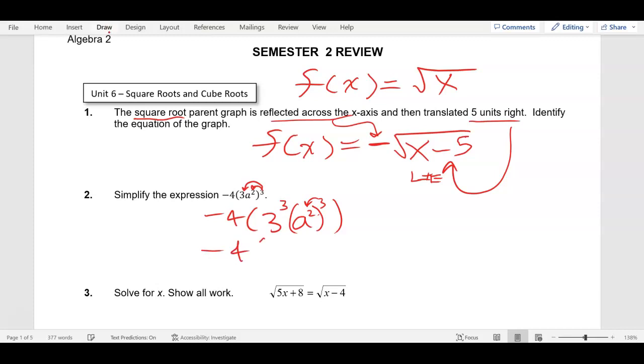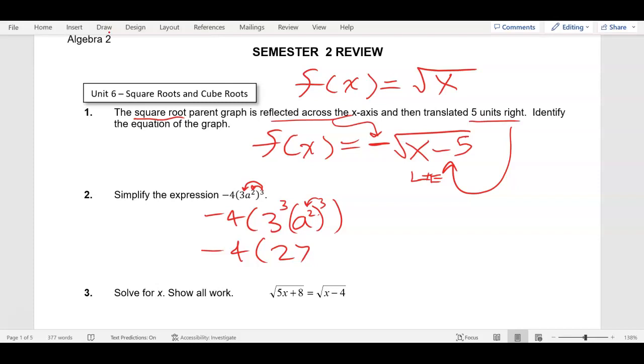So first of all, what's 3 to the third power? It's not 6, and it's not 9. 3 to the third power is 3 times 3 times 3. You're multiplying 3 times, and you should get 27. And then a squared cubed, an exponent with another exponent.